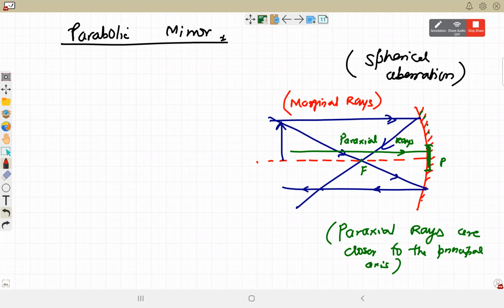So paraxial ray approximation is that all the light rays should come closer to the principal axis. All the light rays will be focused at the same point. If it is focused at different points, then the image formed will become blurred, and that defect of image is called spherical aberration.